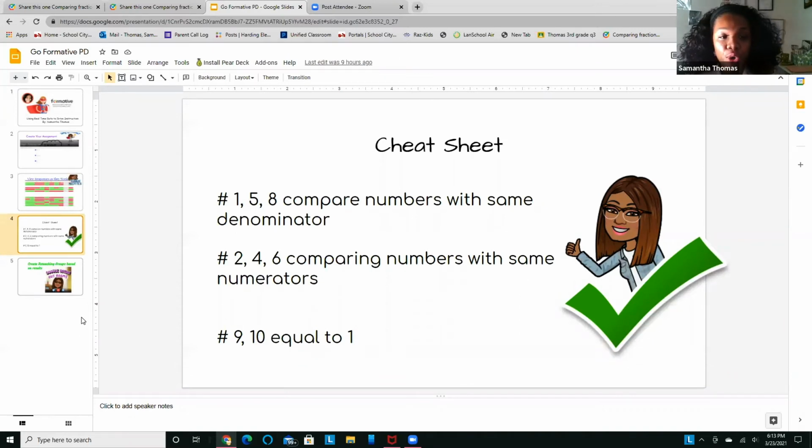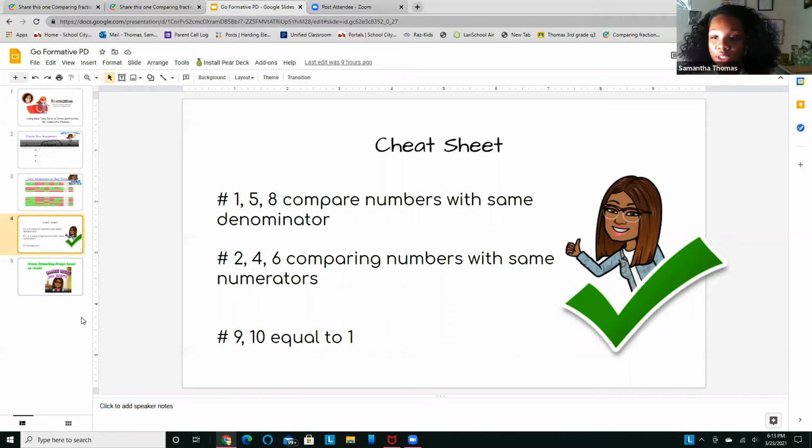For my students who missed 2, 4, and 6, those students need to be in my reteaching group for how to compare numerators. My students who missed 9 and 10 need to be in my group where I'm reteaching them how to find numbers that are equivalent to 1.